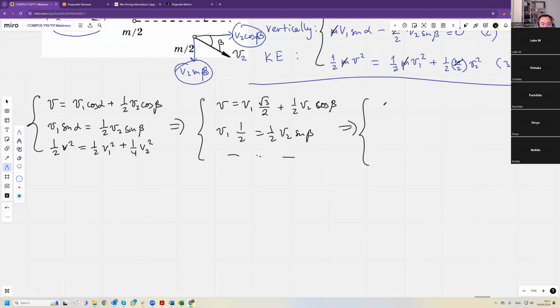Okay. All right, so let's express v1 from here. So v1 is v2 sine beta. And we can substitute that into the first. So v is equal to v2 sine beta, so I've substituted here, multiplied by square root of 3 over 2, plus 1/2 v2 cos beta.